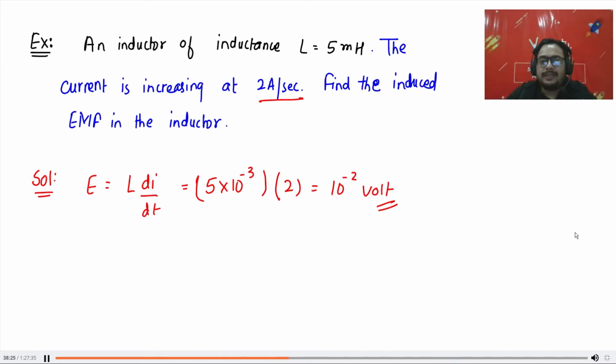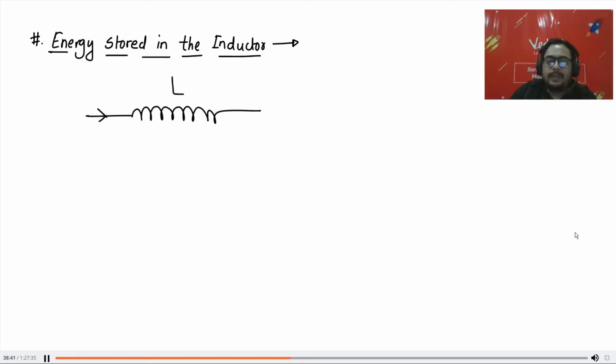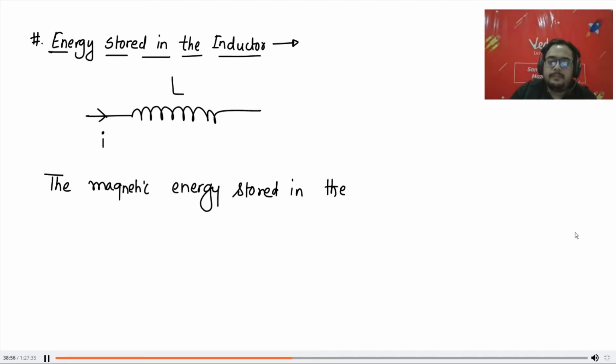So what is the energy stored? As I told you, an inductor is a device that is used to store magnetic energy. So please remember everyone, if you have an inductor of inductance L, and current I is flowing through it, the magnetic energy stored in the inductor, which we generally represent by U, is simply given by half Li square.